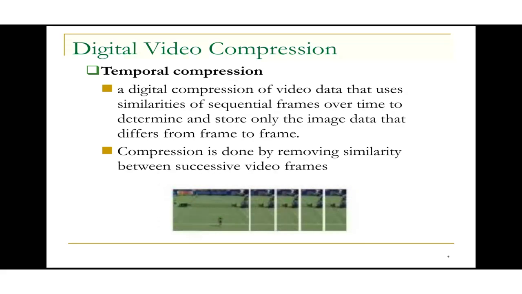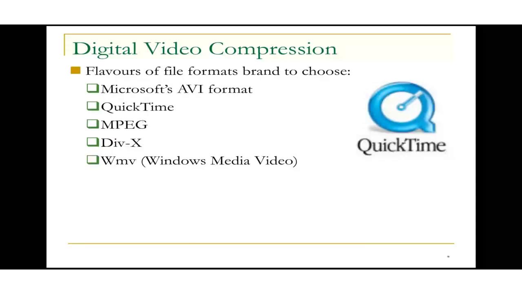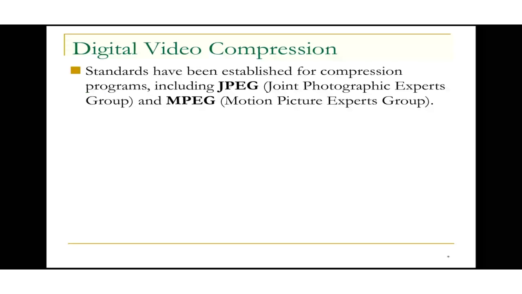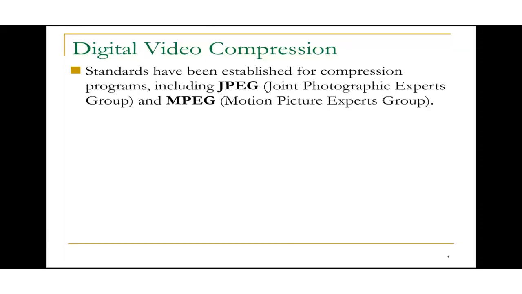And so we have different video compression flavors. Of course, these are technologies that come from different companies. When it comes to compression, we have two main technologies. One is called JPEG, which is lossy compression, while MPEG, whose acronyms are explained there, is lossless.